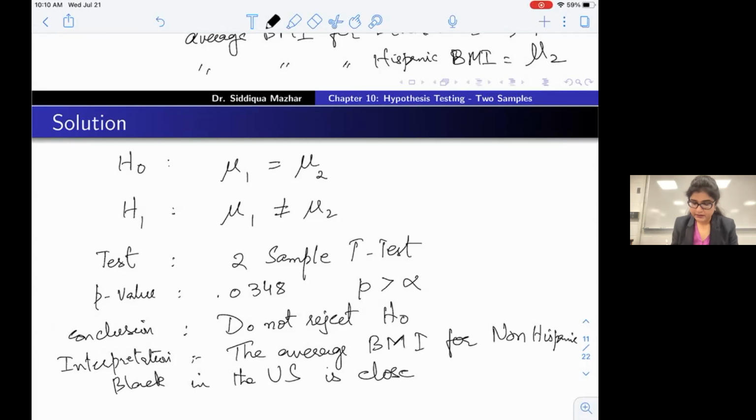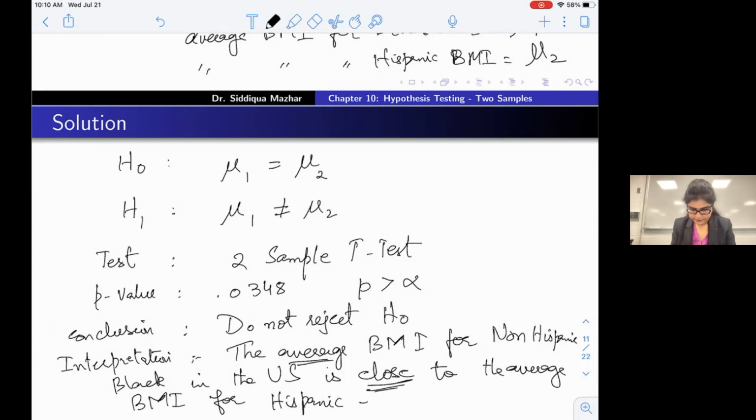If it is rejecting, if the p-value is less than alpha, then we can say it's not equal to the average BMI for the Hispanic people. But we are saying that we do not reject. So it means both of their BMIs are close to each other, close to the average BMI for Hispanic people in the United States.